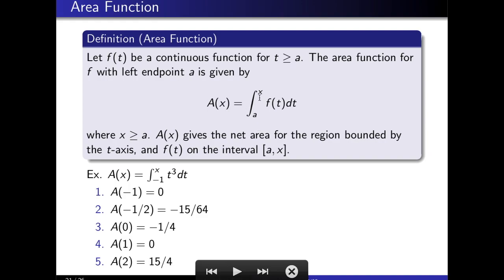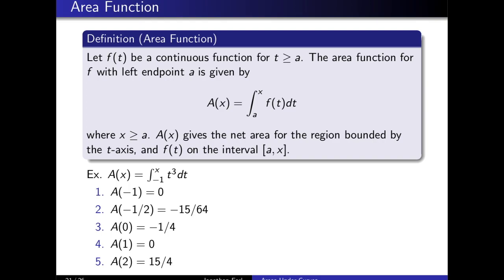The reason I'm using x and t to mean different things is I don't want to use x or t twice, because then it gets confusing about what t actually means. So here x is the right point of my interval and t is just a dummy variable. So this expression A of x is going to give us the net area for the region bounded by our axis over the interval a to x.